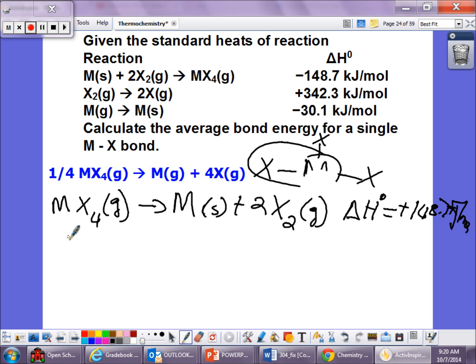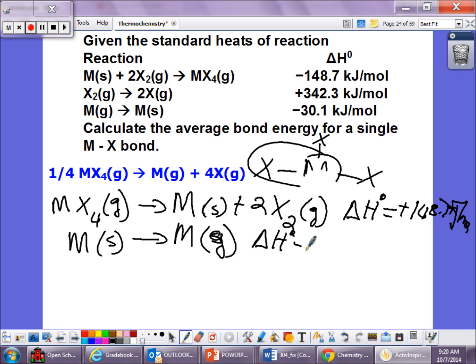So this is M solid yield M gas, because you need to add energy to change from solid to gas. The delta H for this equation is positive 30.1 kilojoule per mole.